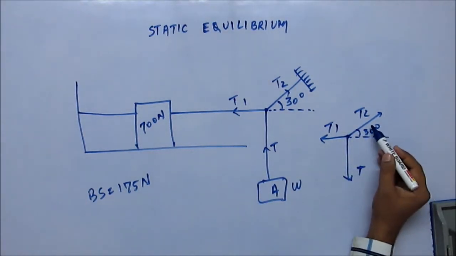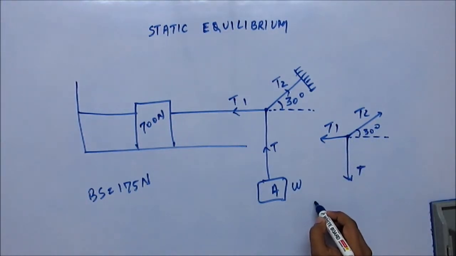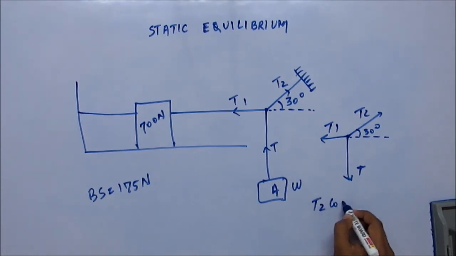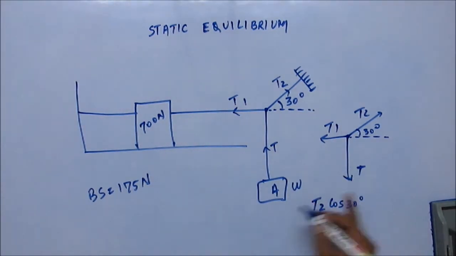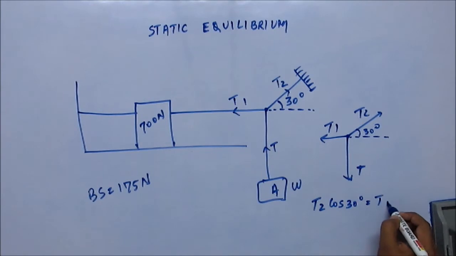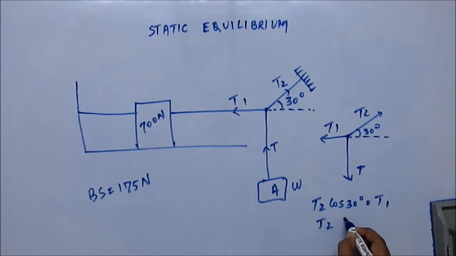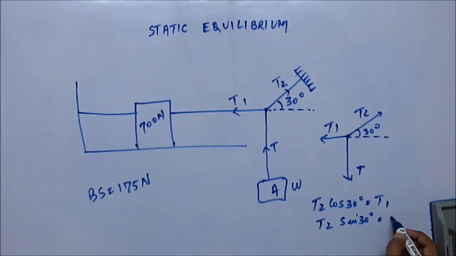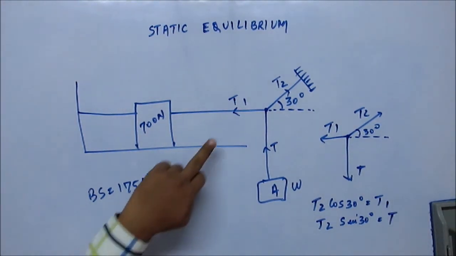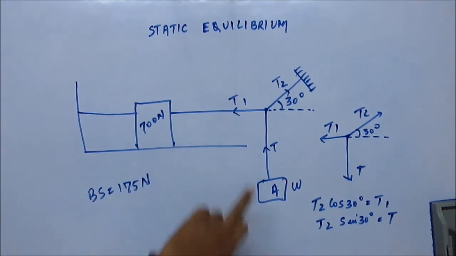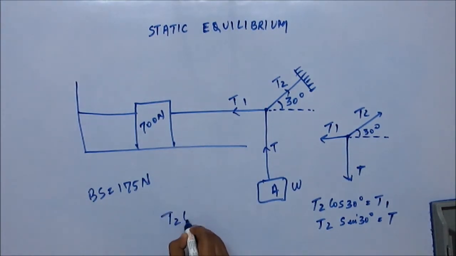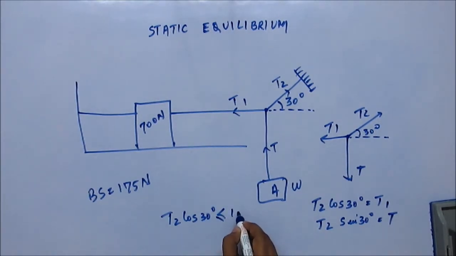Now the horizontal equation of equilibrium: T2 cos 30 degree will be equal to T1, and T2 sine 30 degree will be equal to T. Now the breaking strength is 175, so T1 should not exceed 175. This means T2 cos 30 degree should be less than or equal to 175.